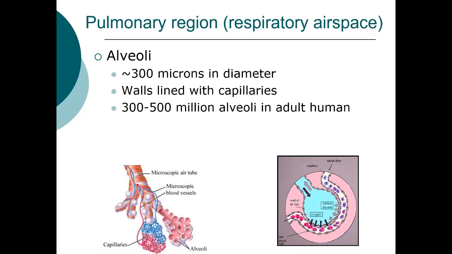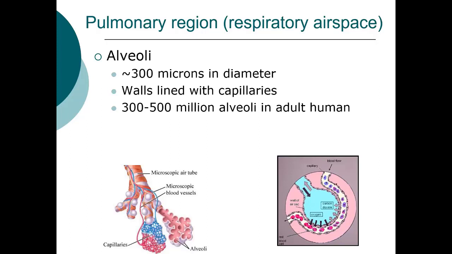It's across the alveolar membrane, you see here, that oxygen and carbon dioxide diffuse. So oxygen diffuses into the bloodstream and carbon dioxide diffuses from the bloodstream. So we exhale carbon dioxide, we're inhaling and transferring oxygen to the bloodstream.